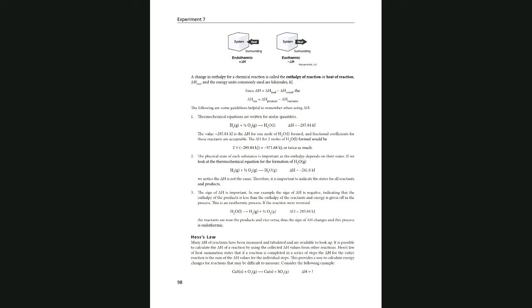Most of the delta H values are calculated and given to you, recorded in the reference books. So we do have some of these already in the reference books, like for H2 plus O2 forming water, we have that delta H value as 241.0 or 0.8.